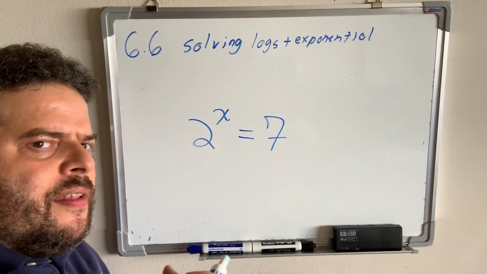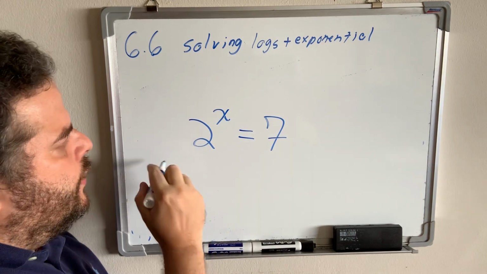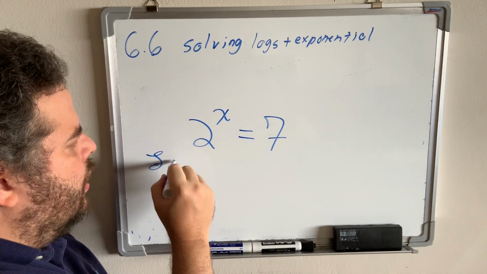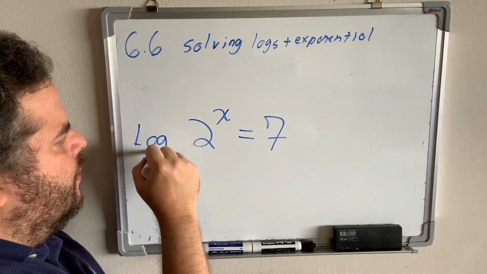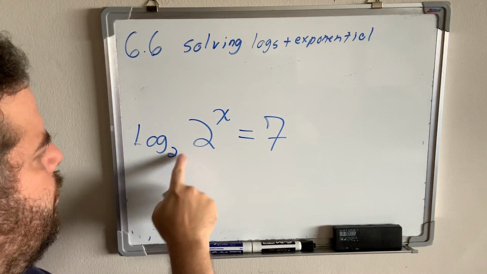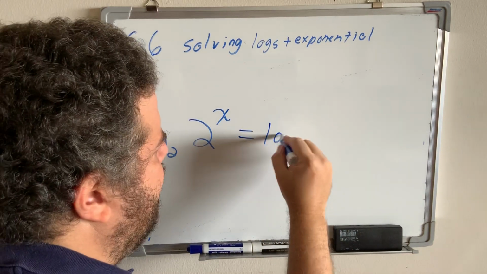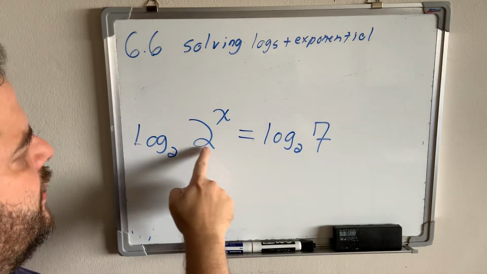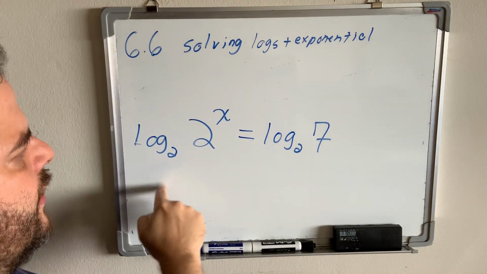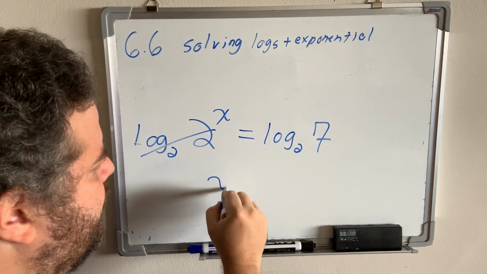We kind of did this in class. What you do is you multiply this by log base 2, and I also multiply this side by log base 2. Since these are identical, that gets canceled, and this x drops down.